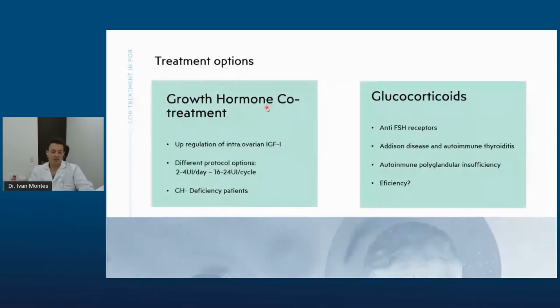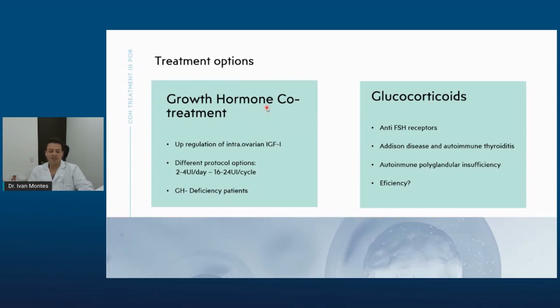The addition of growth hormone co-treatment to gonadotropins in ovarian hyperstimulation may upregulate the intraovarian insulin growth factor number 1, and that could augment the stimulatory effect of FSH on folliculogenesis. The growth hormone co-treatment can possibly increase the conception rate. Unfortunately, not in all poor ovarian reserve patients.